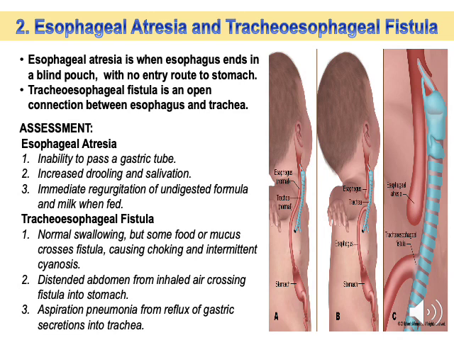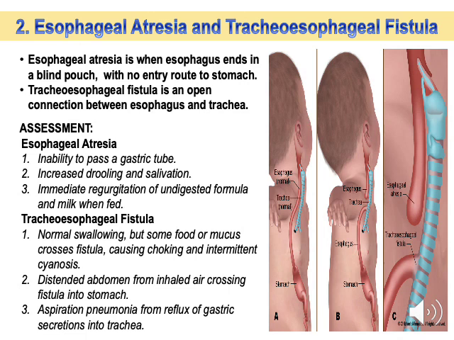Assessment findings: in esophageal atresia, they cannot pass a gastric tube. There's increased drooling and salivation and regurgitation of undigested food. In tracheoesophageal fistula, there is normal swallowing, but some food or mucus may cross the fistula, causing choking and cyanosis or aspiration.